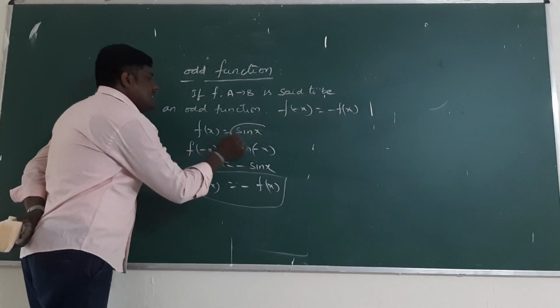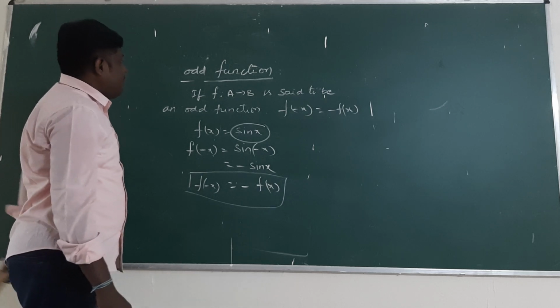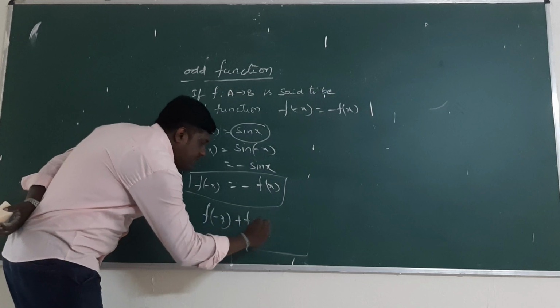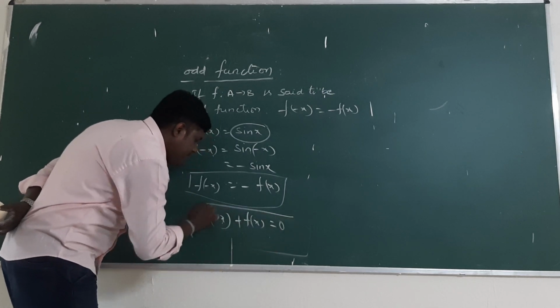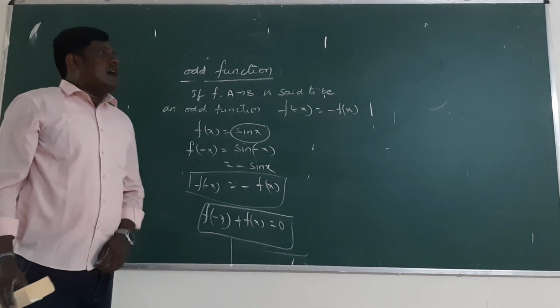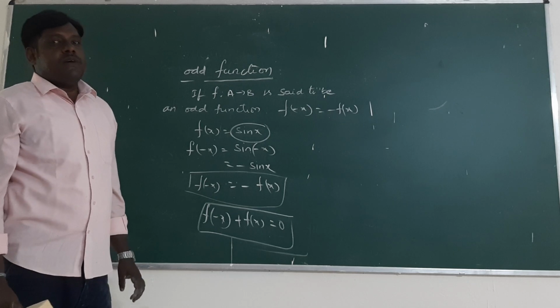So sin x is an odd function. One more condition for odd function is f of minus x plus f of x equal to 0. This is the condition for odd function. These are the types of the functions.